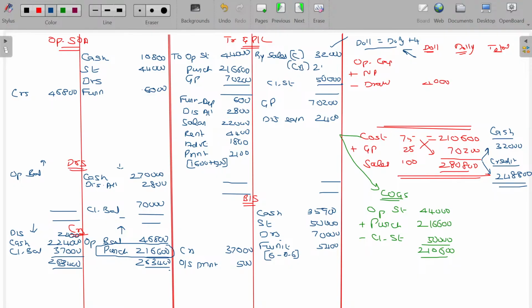Here 2,48,800. Another place will be in the debtors account. That raises the debtors value. So here credit sales. With that, the trading account is completed already. The total of the trading account being 3,30,800.